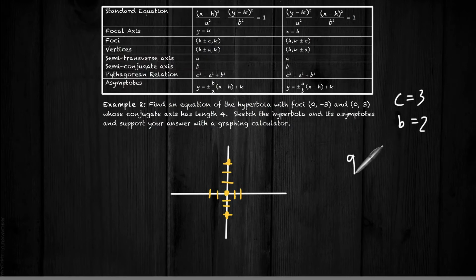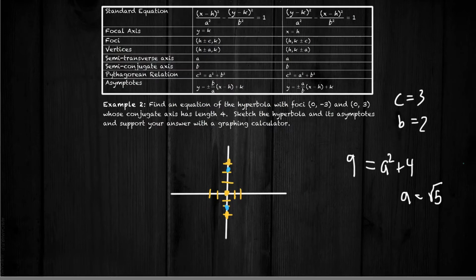So it's going to be 9 equals A squared plus 4. So A is radical 5. So I'm going to put in blue, radical 5 is about 2.2. So right about there and right about there are going to be our vertices.